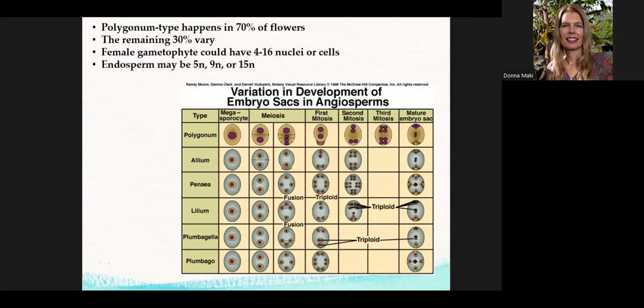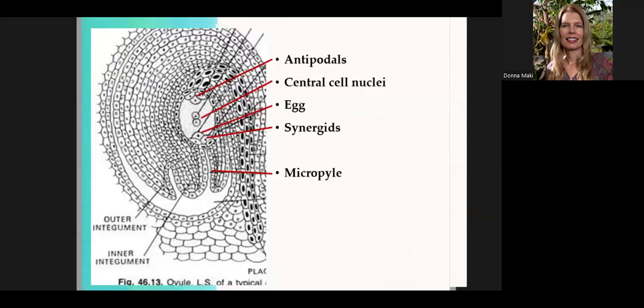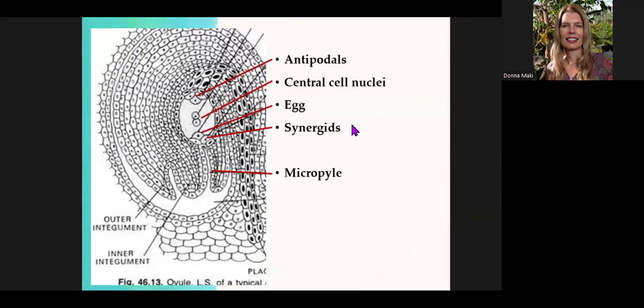So we looked at that idea of double fertilization. If everything goes okay, you're going to have 2 sperm getting discharged in this area through the pollen tube. One of the sperm will fertilize the egg, and that's going to become the developing embryo, which turns into the baby sporophyte.